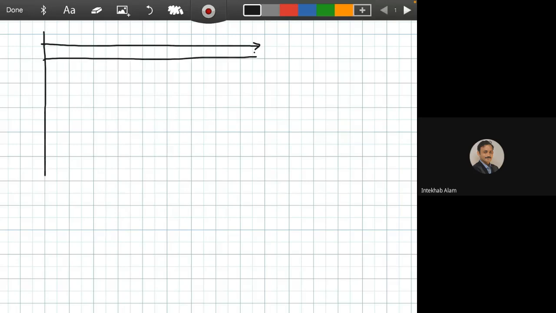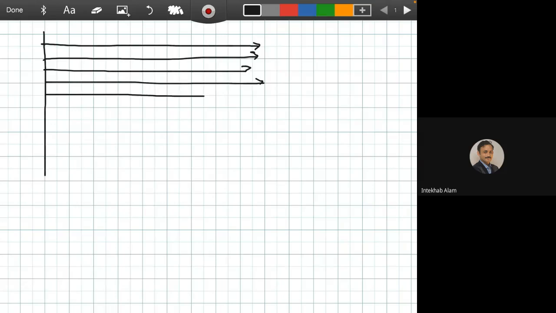So first of all, we will start to draw the switching diagram. So switch 1, 2, 3, 4, 5, 6.